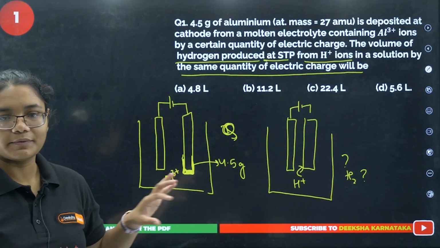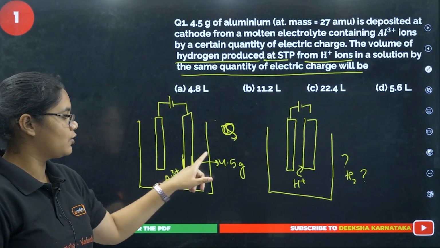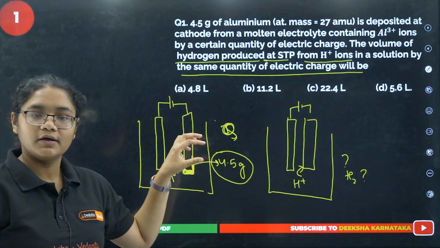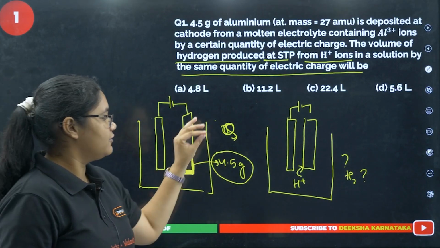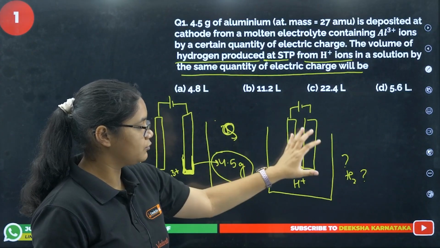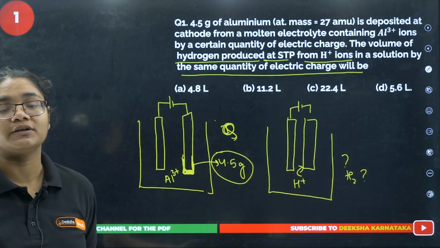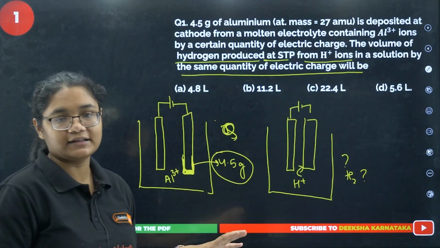Are you getting the question? A certain amount of current was passed and we got 4.5 gram of aluminium. If I give the same amount of current to a solution containing H plus, then how much H2 will be released? That is the question.